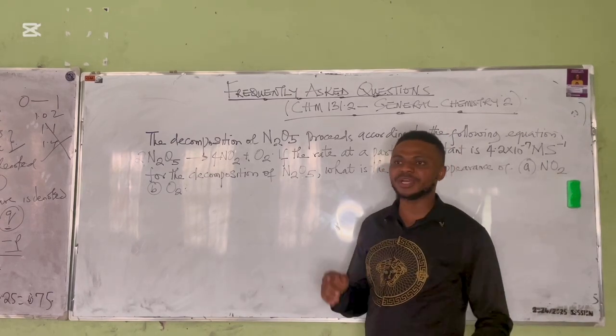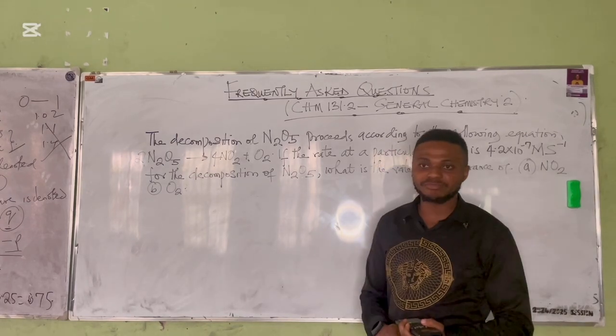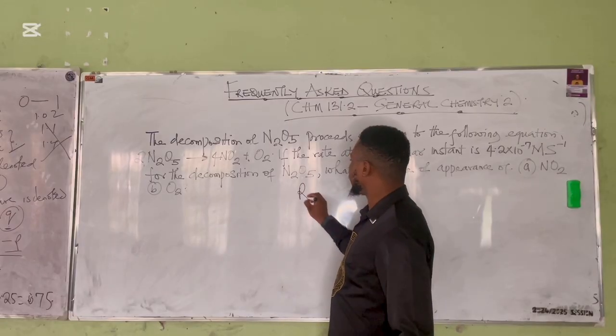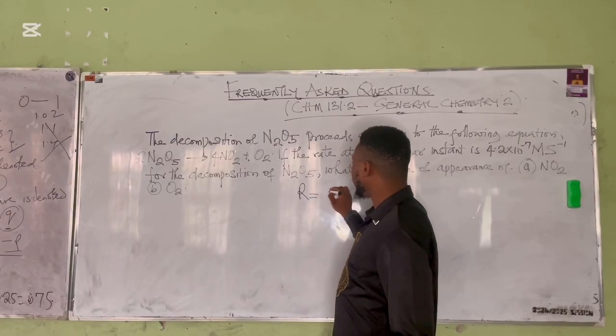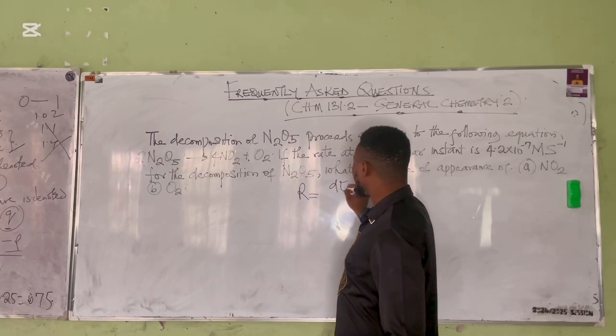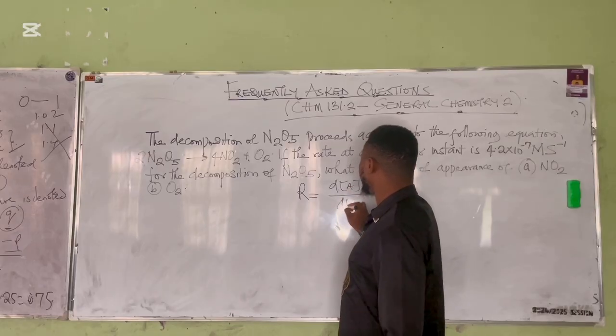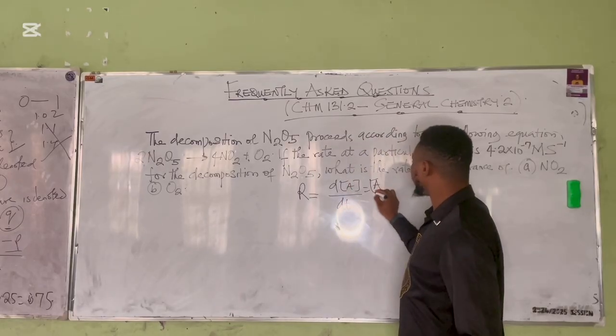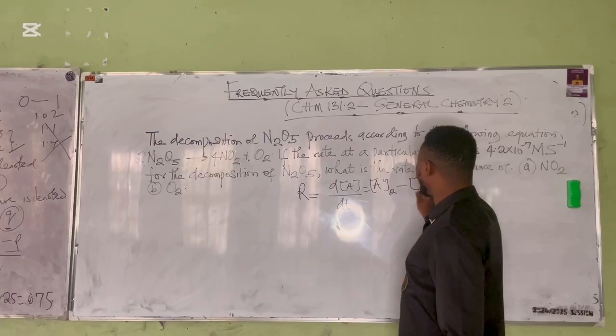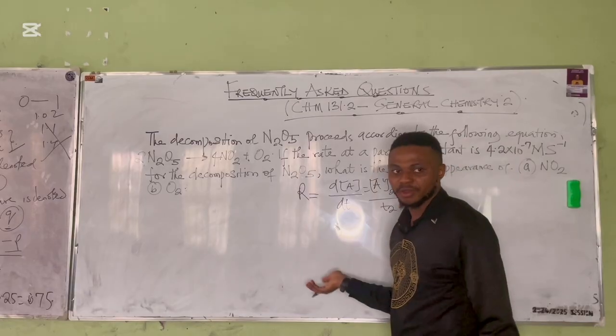First of all, the rate of a reaction R is equal to the change in concentration all over change in time, which is final concentration minus initial concentration all over final time minus initial time. This is the expression for it.